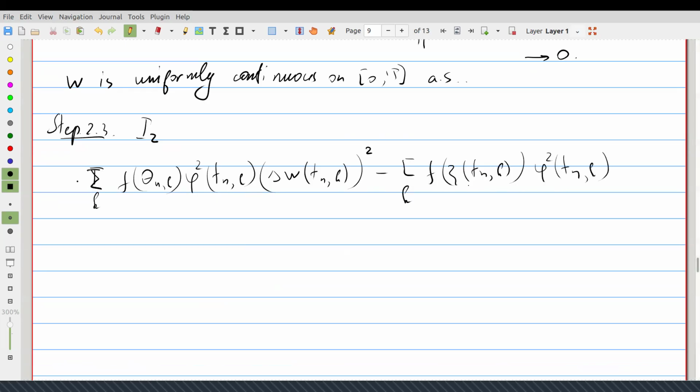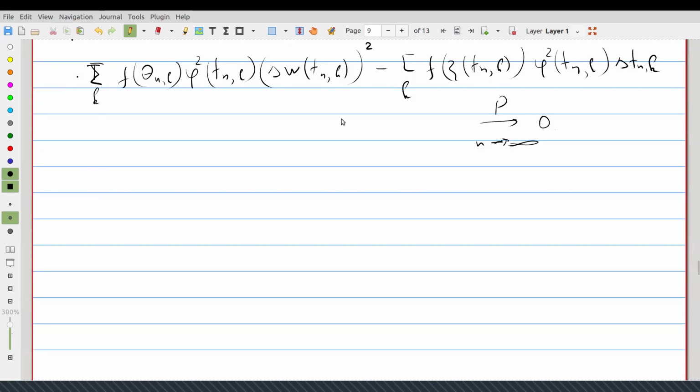These Riemann sums are going to be convergent almost surely to the integral we want. And we want to show that this is going to 0 in probability. Here we will again do some decomposition.